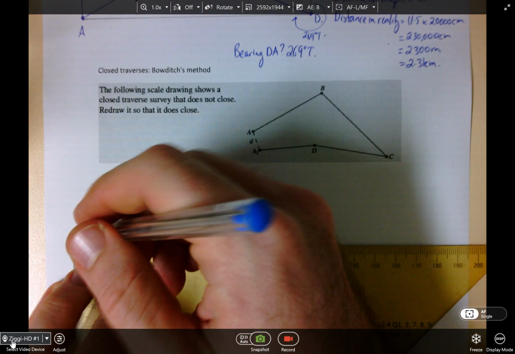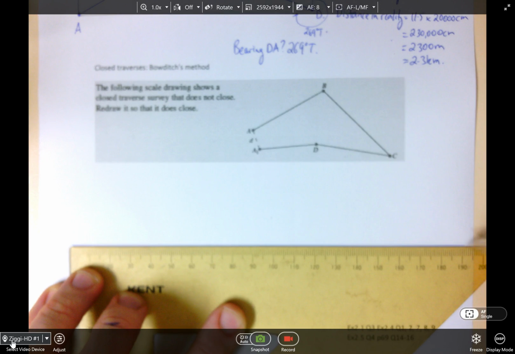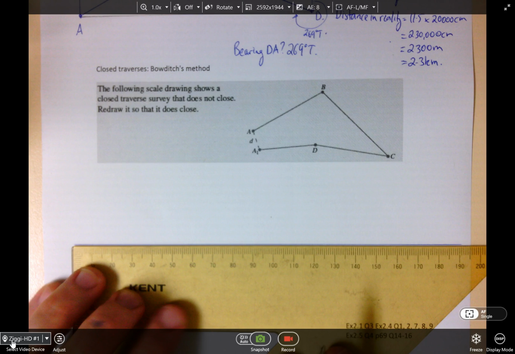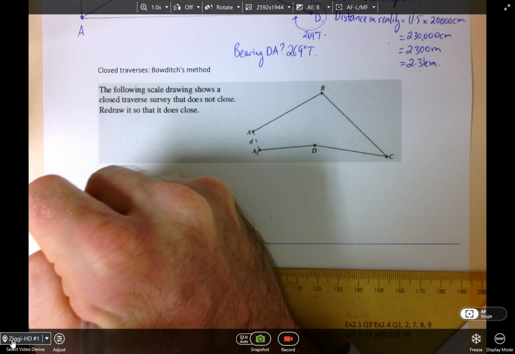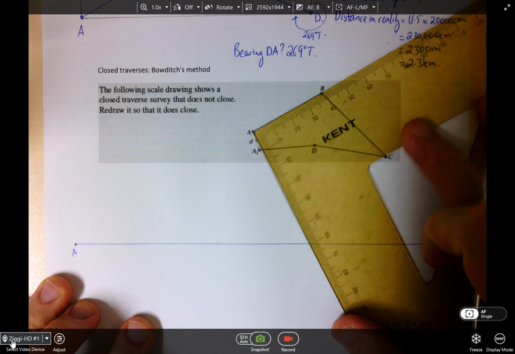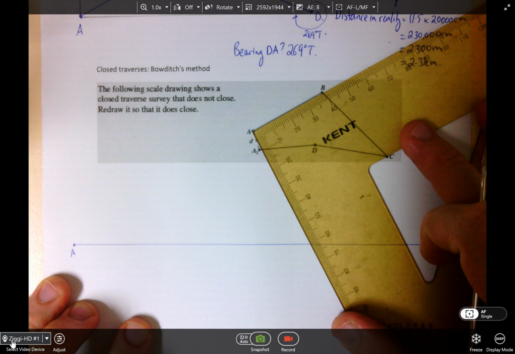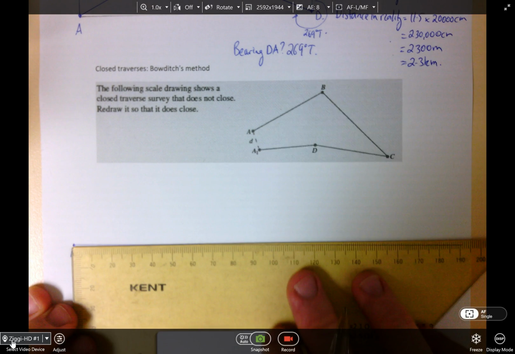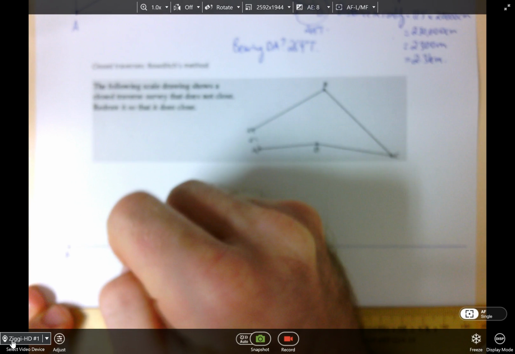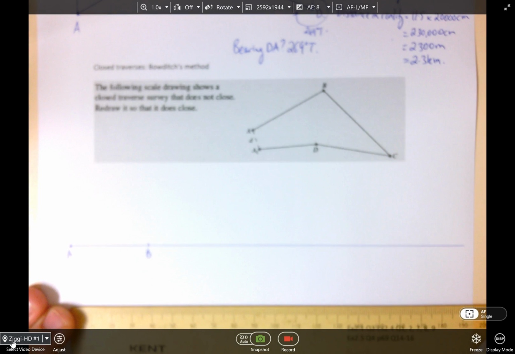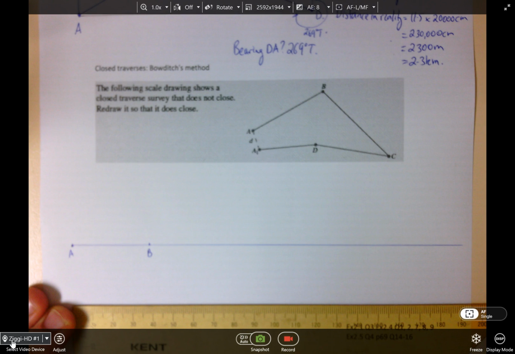What we'll do is start by just drawing a light line, and we're going to start measuring these distances for the survey. So I'll call this point A, measure how far this is, 33.9 centimeters, and I'll mark that on my diagram, and my little fixing diagram down the bottom.